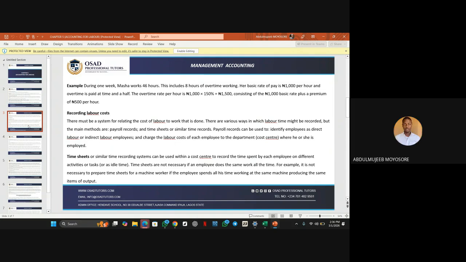If you now add our overtime pay, 12,000 plus 38,000 naira, that will be 50,000 naira. So her total pay for that week is 50,000 naira.